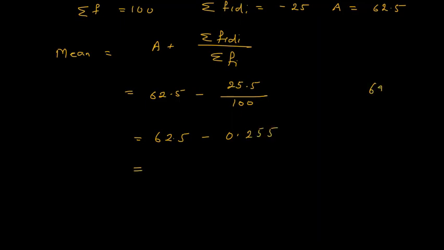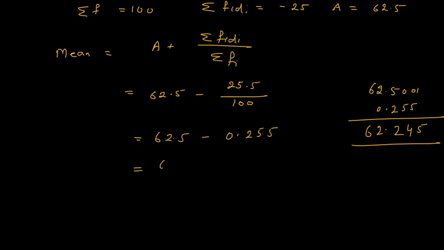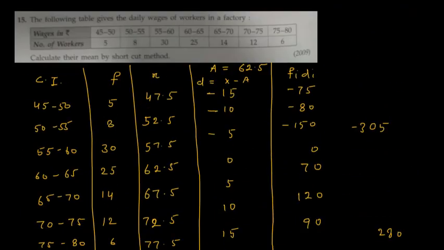So 62.500 minus 0.255: 10 minus 5 is 5, 9 minus 5 is 4, then 4 minus 2 is 2, then 62.245. This is our mean value. Mean value is 62.245. Okay.